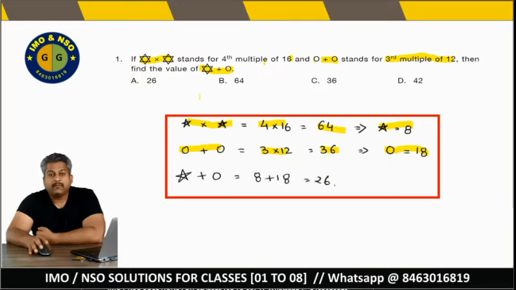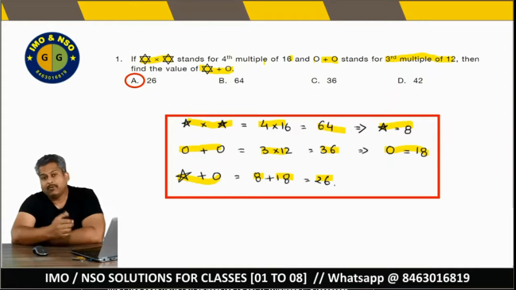The value we had to find was star plus O, where star is 8 and O is 18. So 8 plus 18 is 26. Our answer will be 26. I hope this question was clear to all of you. Fine, let us go to the next question.